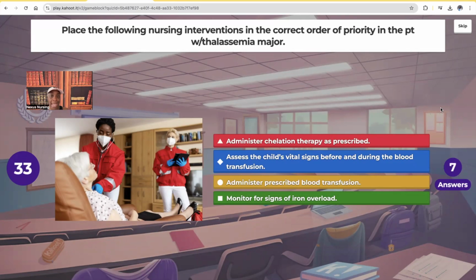Your patient has thalassemia major. What is the first nursing intervention, the second, the third, and the fourth? If you're on the live, just put the colors in order.